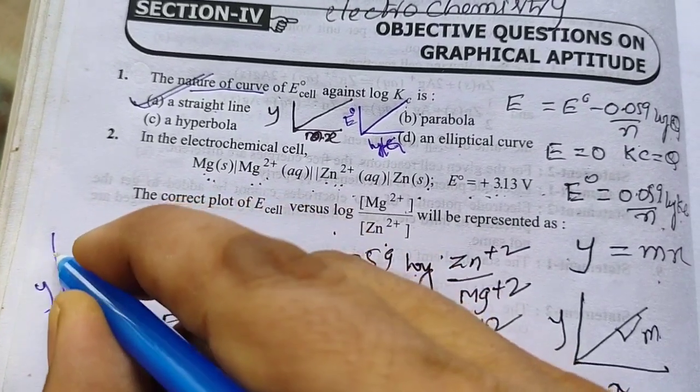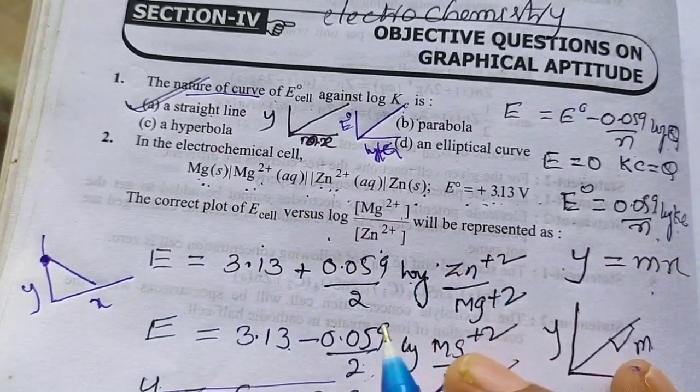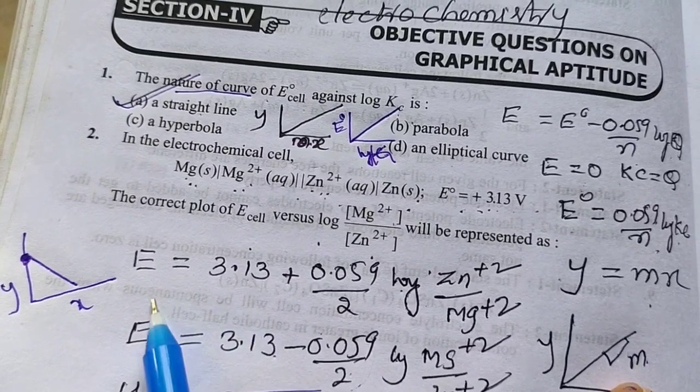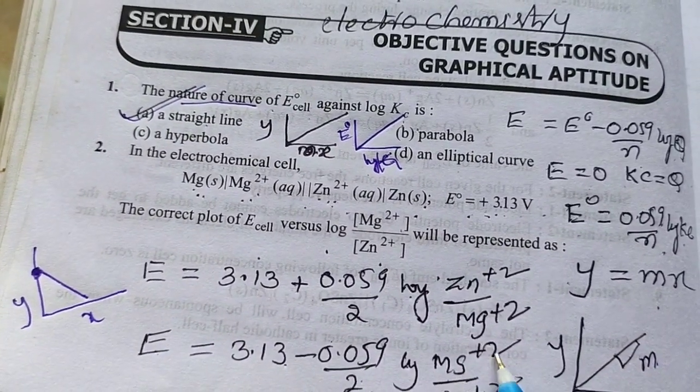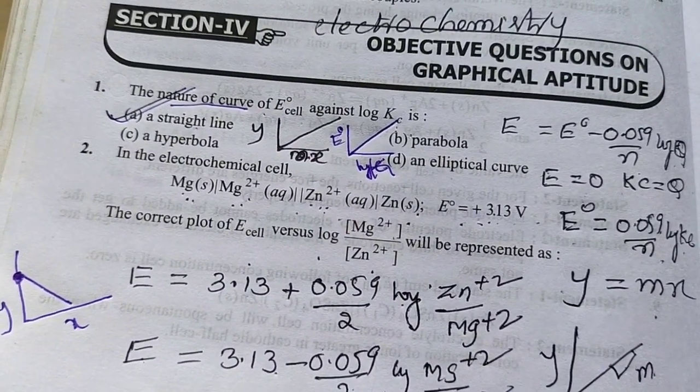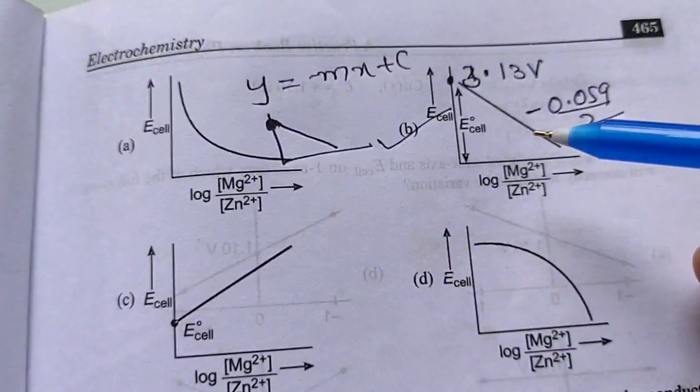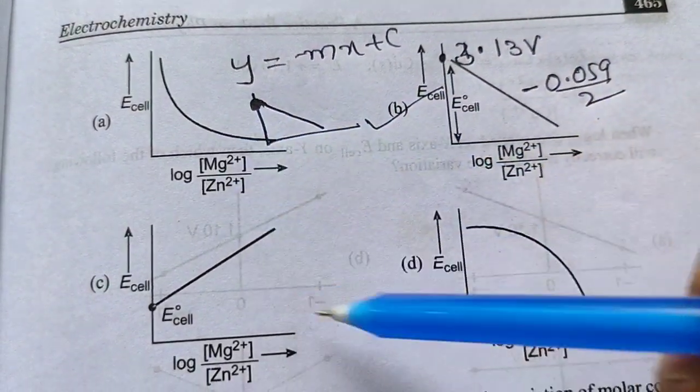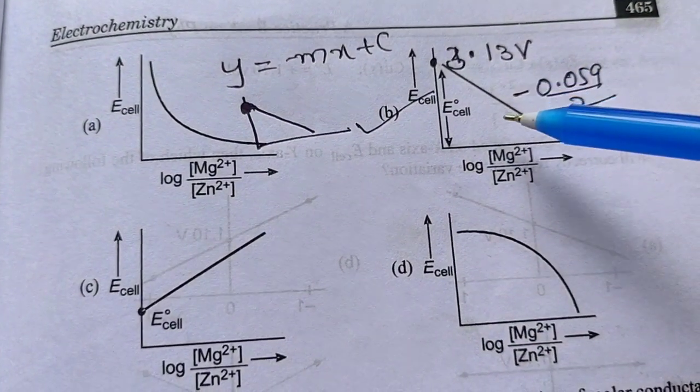Negative slope, positive intercept. So here the graph between E and log [Mg2+] by [Zn2+] gets a negative slope. This is the correct graph compared to the remaining ones. So this is the correct answer.